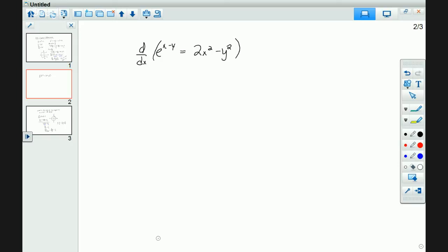One more, okay. Take the derivative with respect to x.